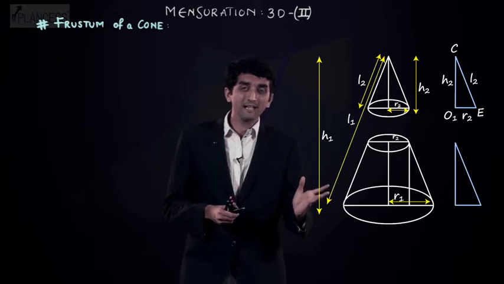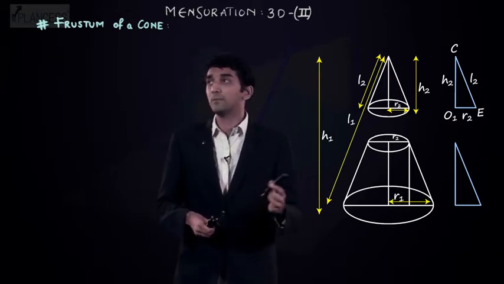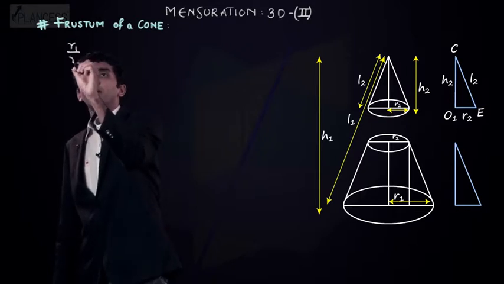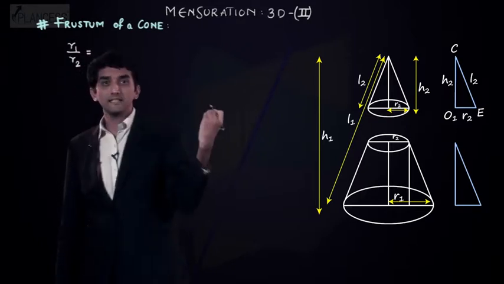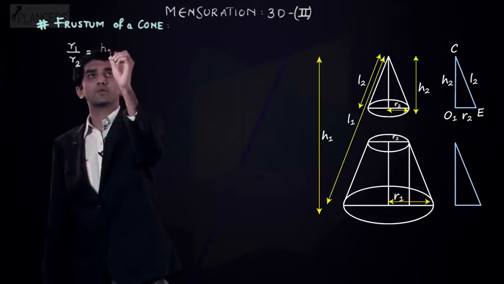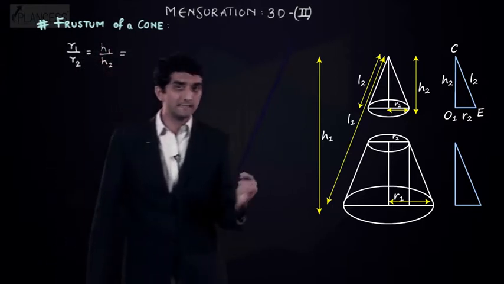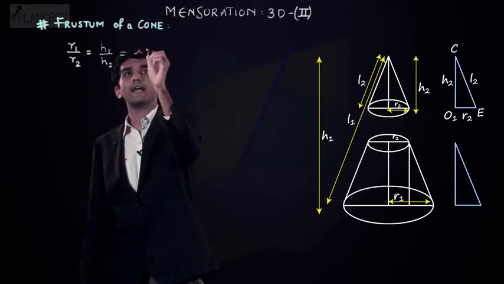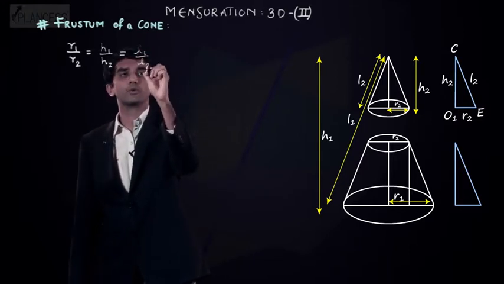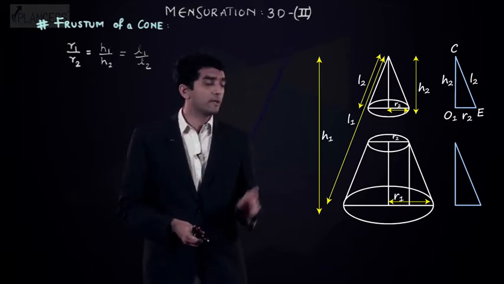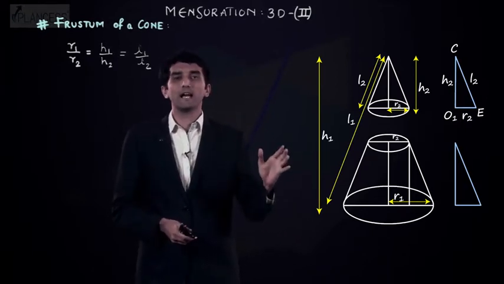Now how does that help us? That will help us get this: R1 upon R2 is equal to H1 upon H2, and that is going to be equal to L1 upon L2. So these are the three things that we are going to generate because of this similarity.